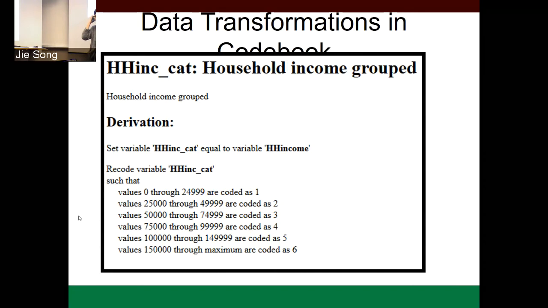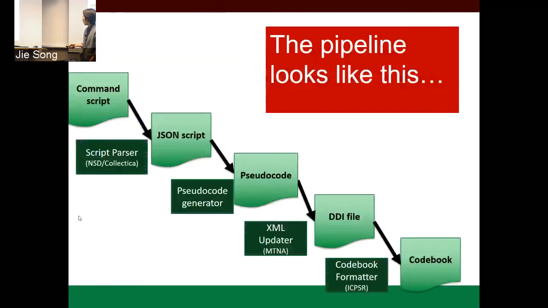And then after that, it can be converted to HTML format, which is the colorful format used by ICPSR. So in a web page, we will show something like that. So yeah, this is a review of the pipeline.